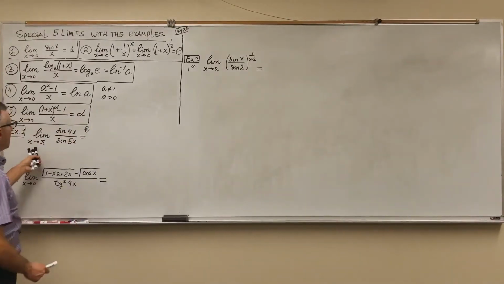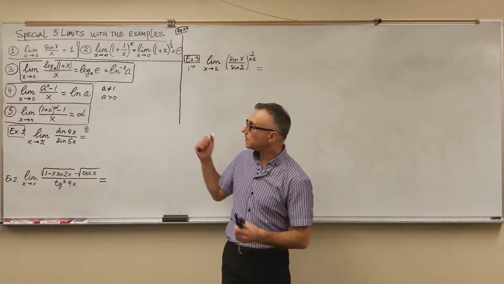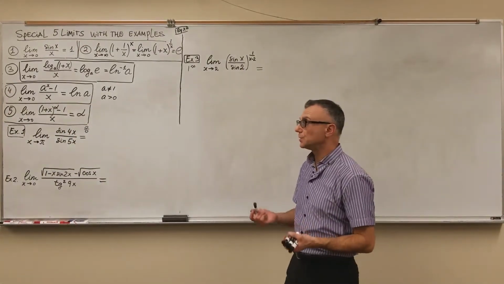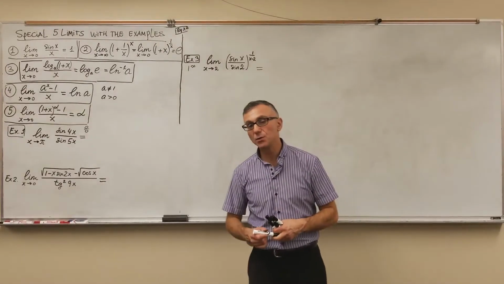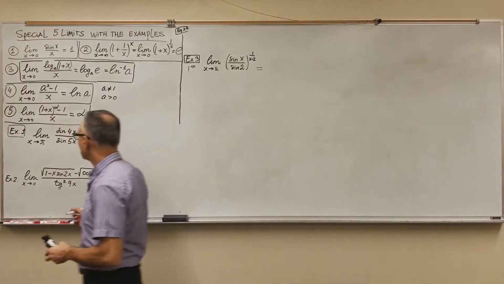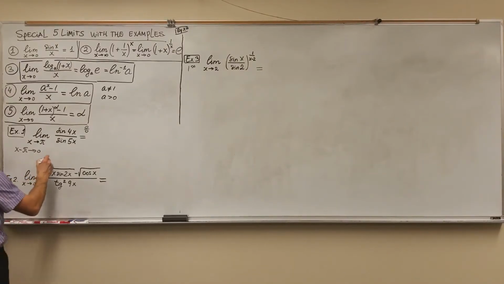First of all, x is approaching pi. In the special limit number 1, my variable is approaching 0, which means I probably need to introduce a new variable which will approach 0. As you can see, x minus pi approaches 0.